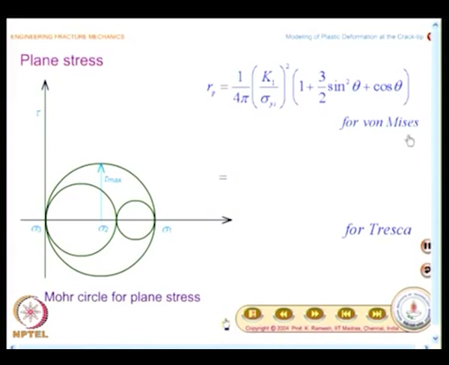If I use von Mises, I get Rp as 1 by 4 pi multiplied by (k1 by sigma ys) whole square, multiplied by (1 plus 3 by 2 sin squared theta plus cos theta).